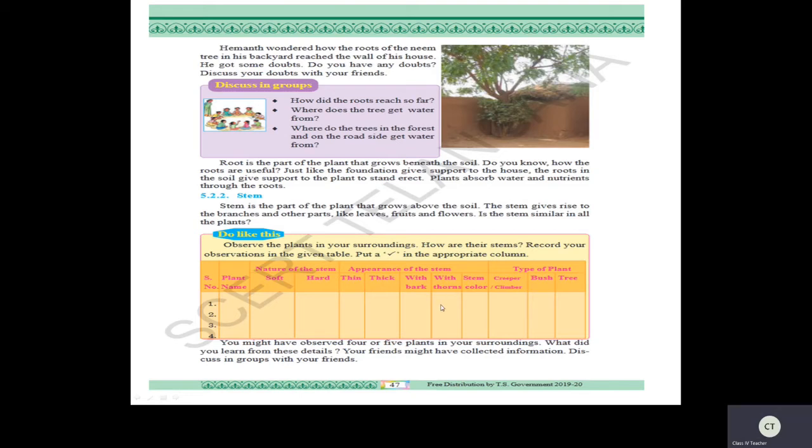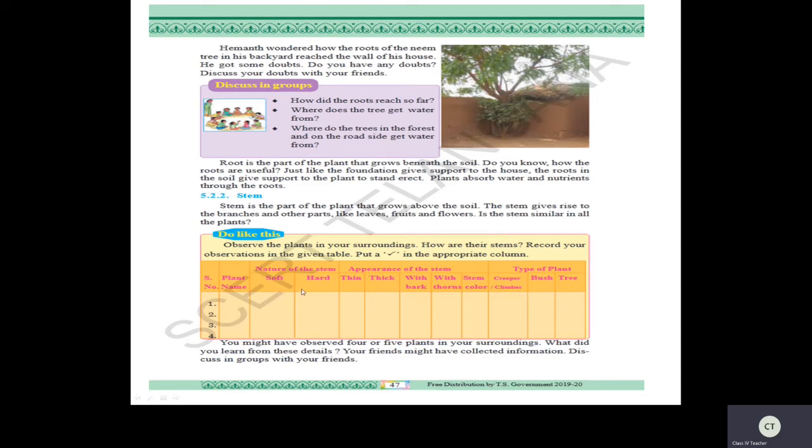With thorns? No, it is not having thorns. Stem color, brown. If it is a matured plant, you will see the stems will be brown in color, woody. Okay. Now, is it a climber? Is it a creeper? No. This is a bush. Is it a tree? No.